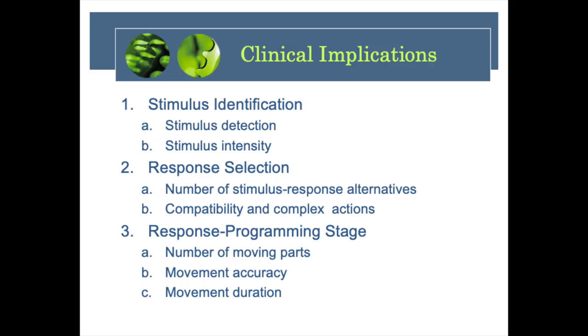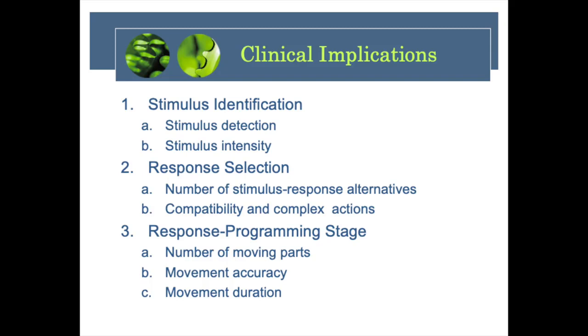All right, so now let's think about the clinical implications of information processing and how each one of these stages may affect what our learner is experiencing or what our performer is experiencing. So if we just think about stimulus identification, we have to detect that a stimulus is coming in, and we also have to recognize the pattern of what's coming in.